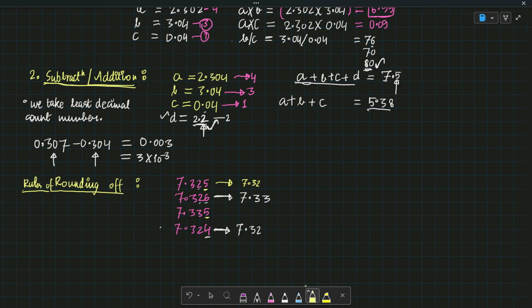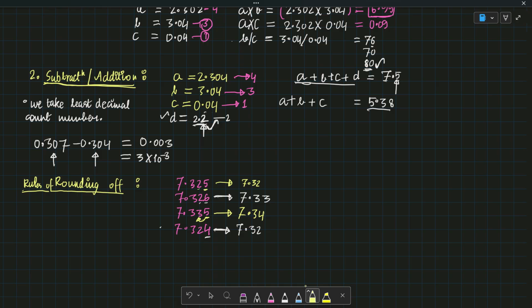When the preceding digit is odd, then we will drop 5, but before doing that we raise that digit. So this will become 3 and 4. We'll raise 3 by 1 unit and we'll drop 5.